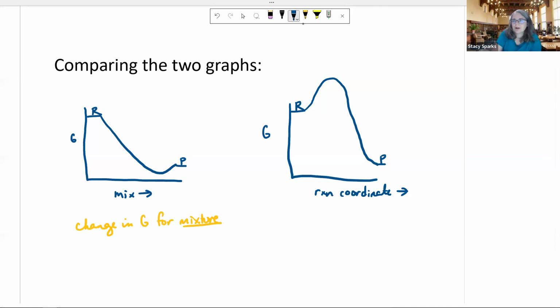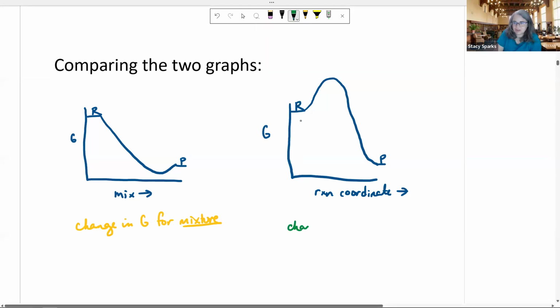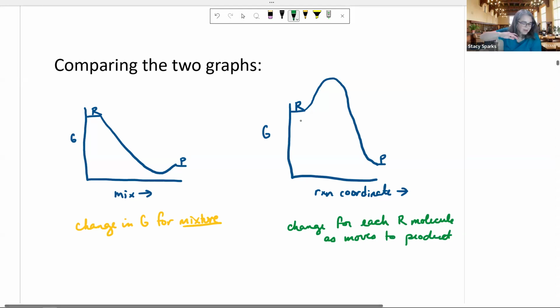Over here on the right, I am now looking at the change in energy for each reactant molecule or atom as it moves to the product. So this is showing how those reactant molecules react and go through this transition state. So right here's our transition state, this high energy. It's like the barrier, right, that they have to get over.